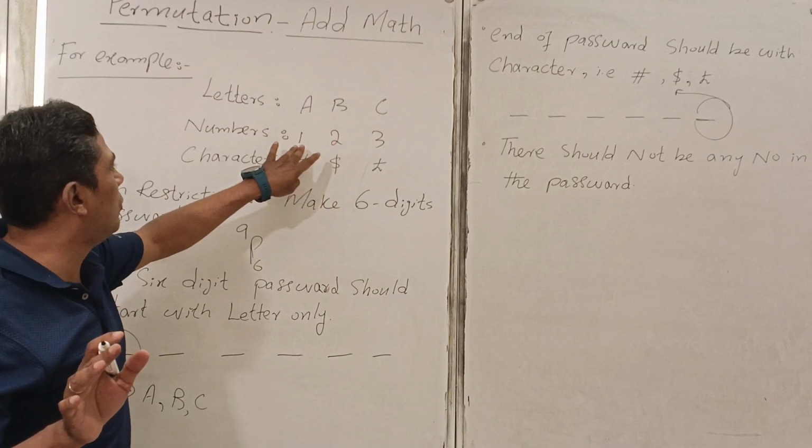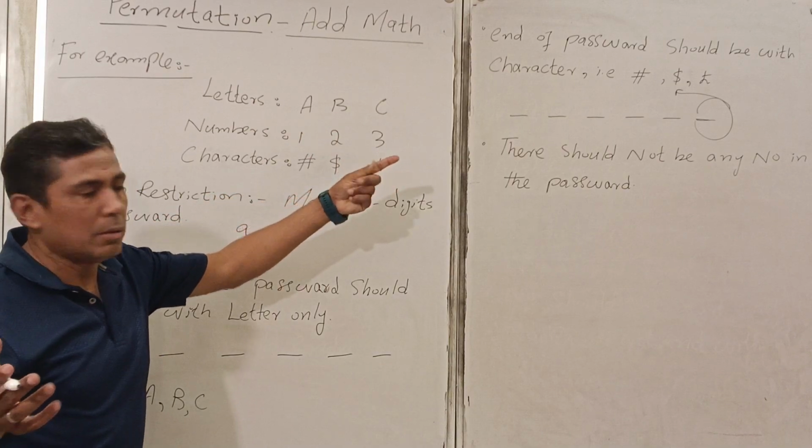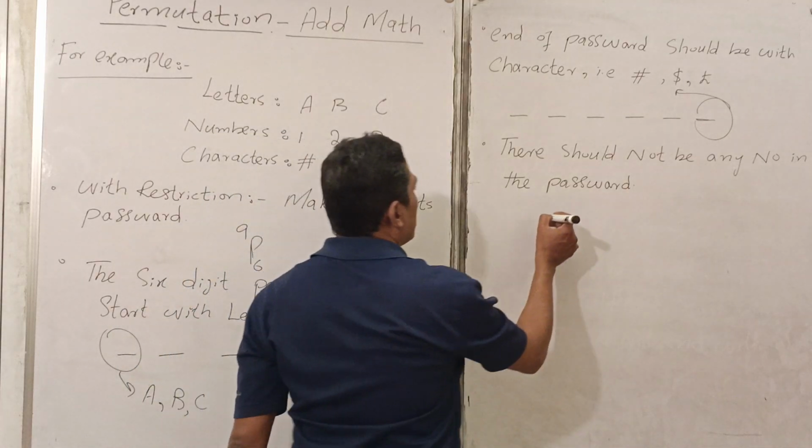Am I right? Because you will not count 1, 2, 3. Yes. So what will be the possible way?